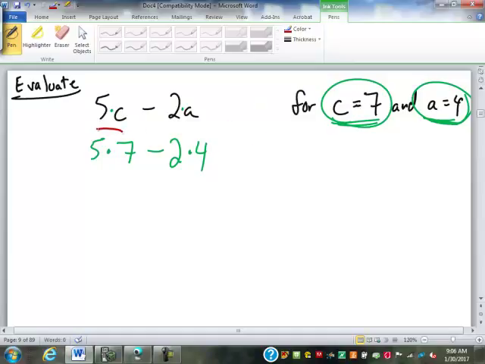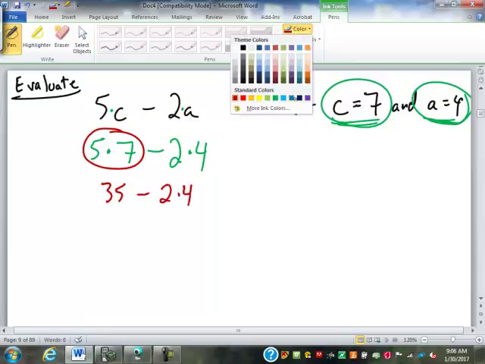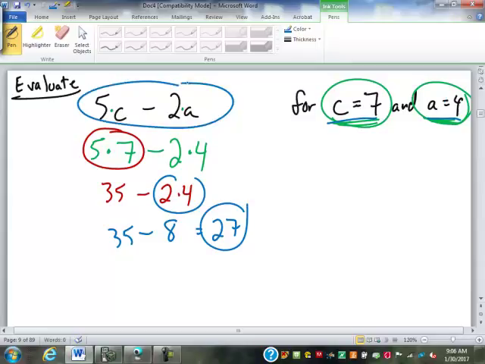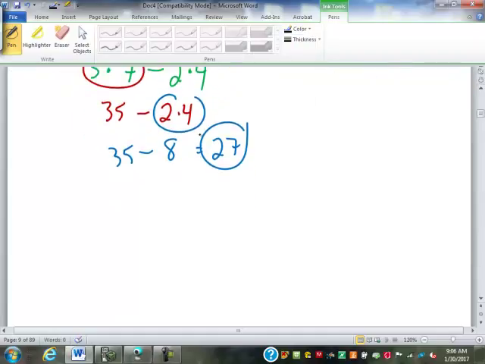So we're going to go left to right. 5 times 7 is 35. 2 times 4 is 8. So 35 minus 8 is 27. So for c equals 7 and a equals 4, 5c minus 2a evaluates to 27. We can have a little bit more complicated formulas.